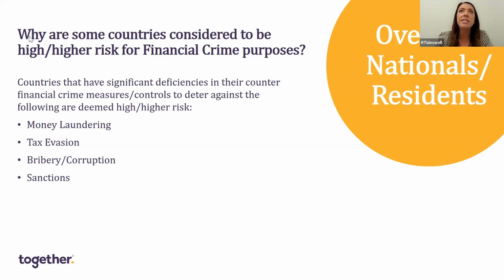A lot of these factors are determined by industry bodies such as the Financial Action Task Force and also Transparency International. So when we define who is classed as a high-risk jurisdiction, it isn't finger in the air. It does actually come from global industry bodies that can sometimes be government-backed or approved by the government.